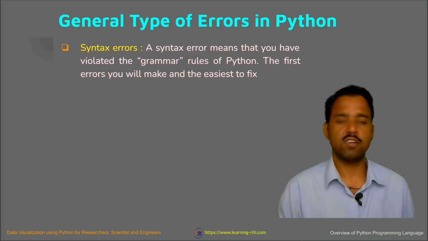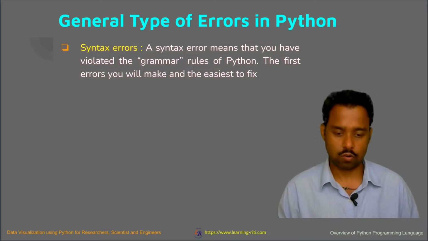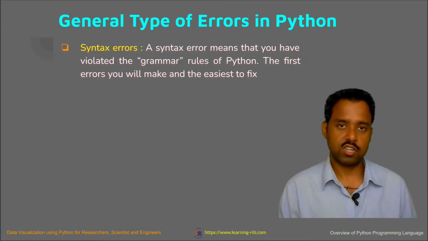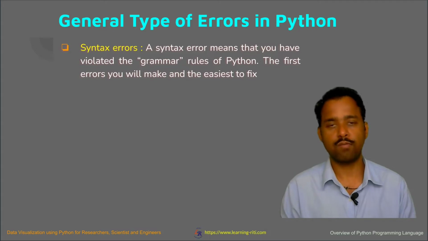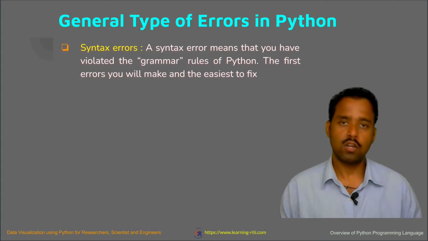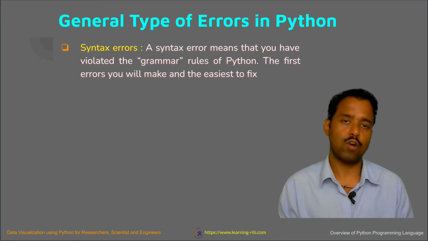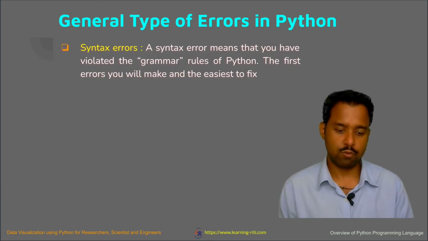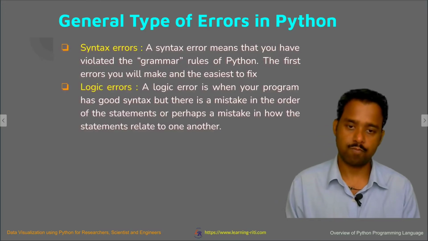This is the very obvious and first error you will see when you execute Python code. A very good point with Python is that it tells you exactly in which line and at what point it has created the error. Sometimes the error may be before that, but at least we have a starting point where you can look and start debugging. We'll see what debugging is in a moment, but this is what you do once you encounter this kind of error.